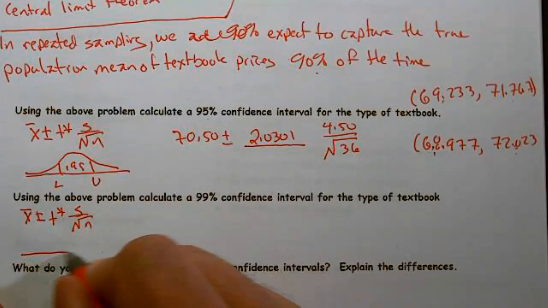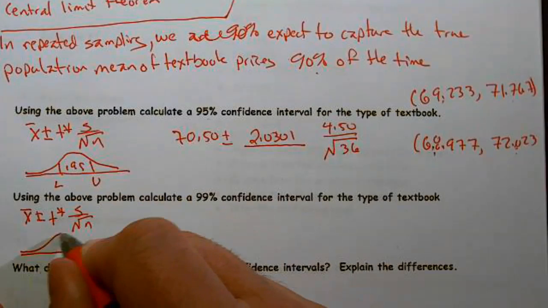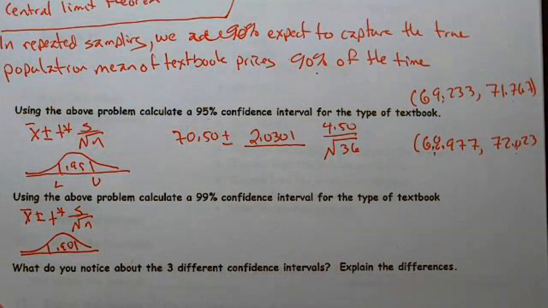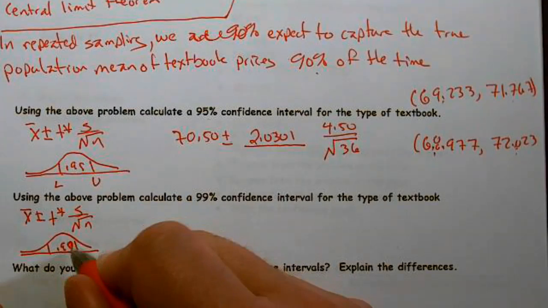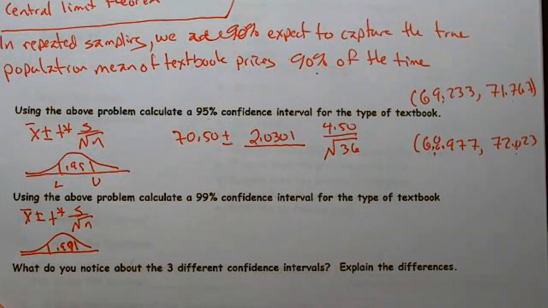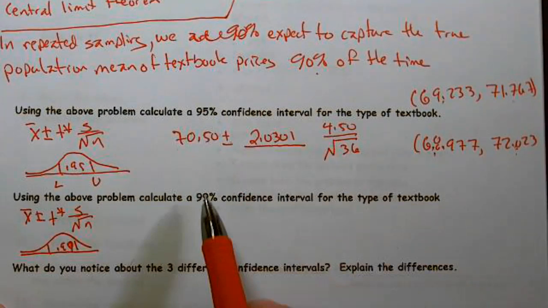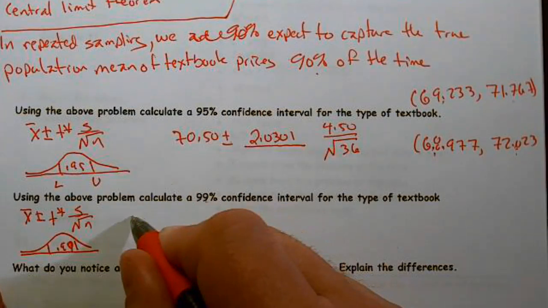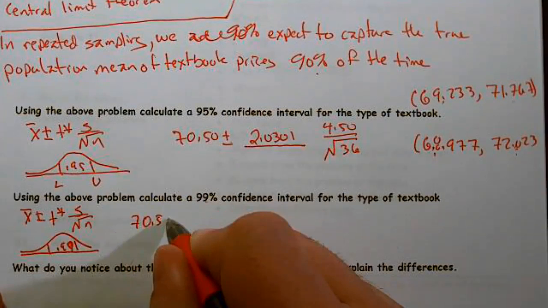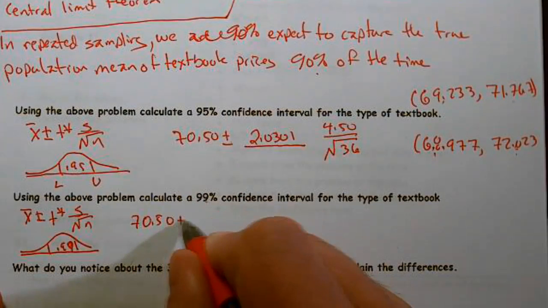Our drawing is going to be essentially the same, but now we're going to 99%, excuse me. So because we went from 90 to 95, we got wider. If we go to 99, I'm expecting an even wider interval. Once again, we have 70.5 as our best estimate, our sample mean.